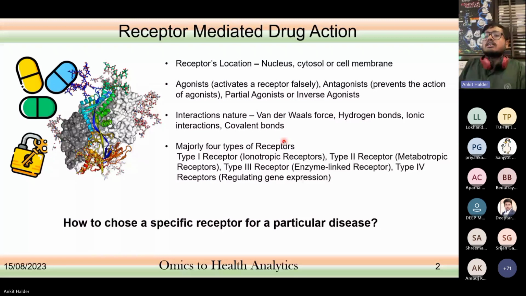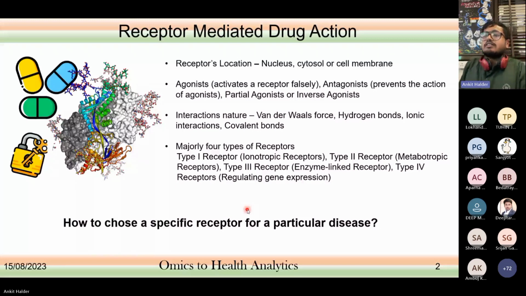Now there are four types of receptors. One is your ionotropic receptors, what you know as the voltage-gated channels, like the Na+ and K+ gated channels. If there is an imbalance, you can try to target those receptors. Type 2 is your metabotropic receptors, the kind of G-protein coupled receptors, linked with certain key mechanisms.